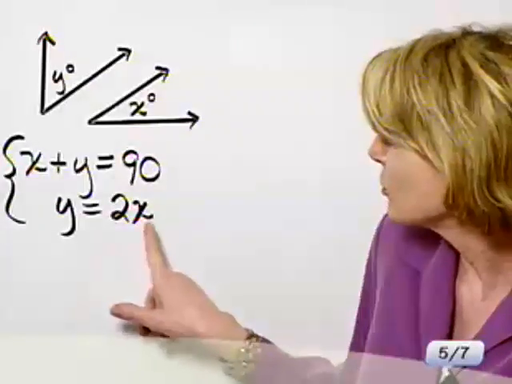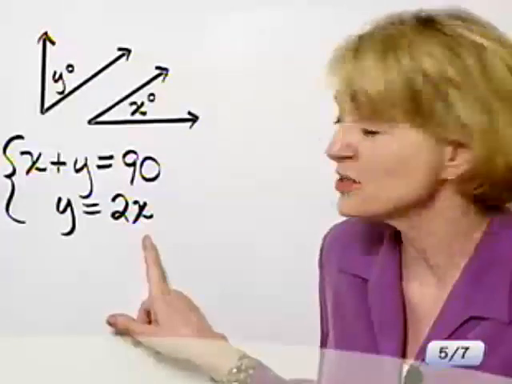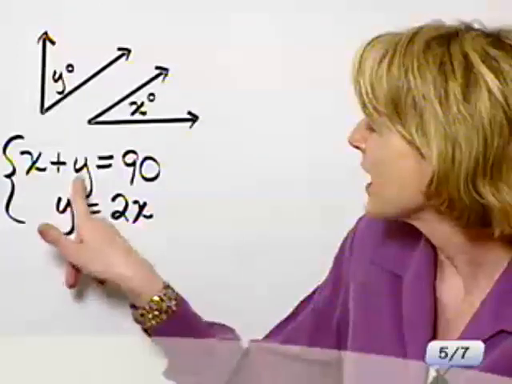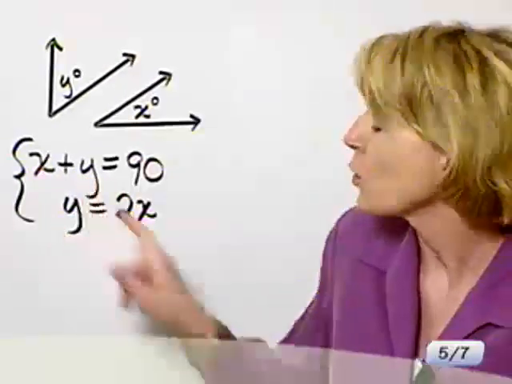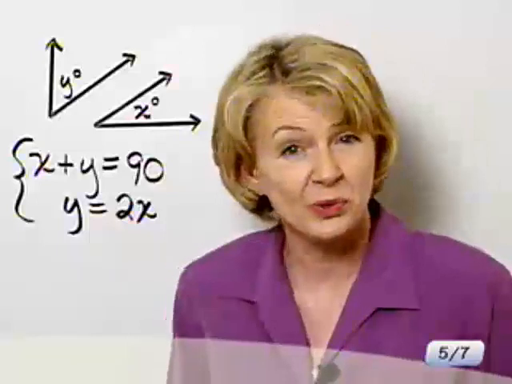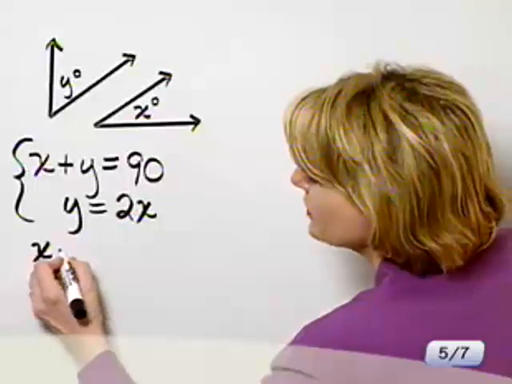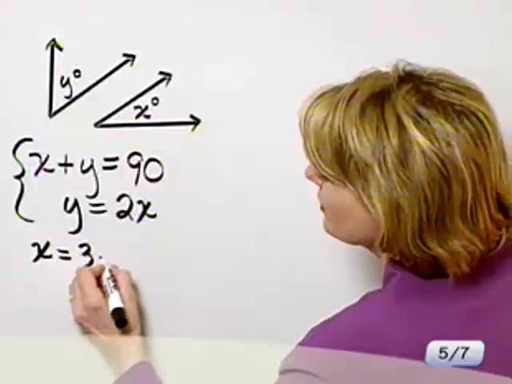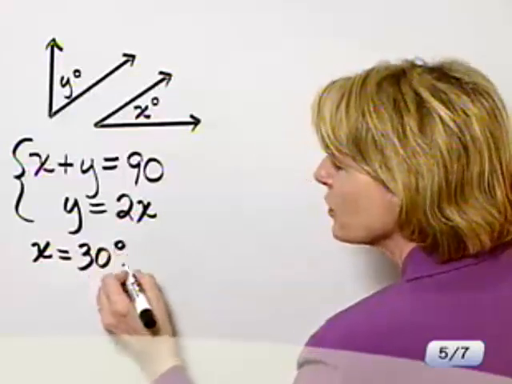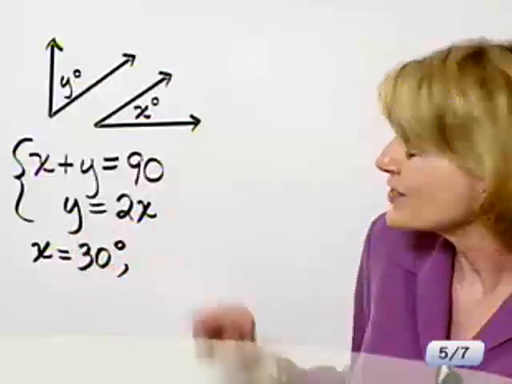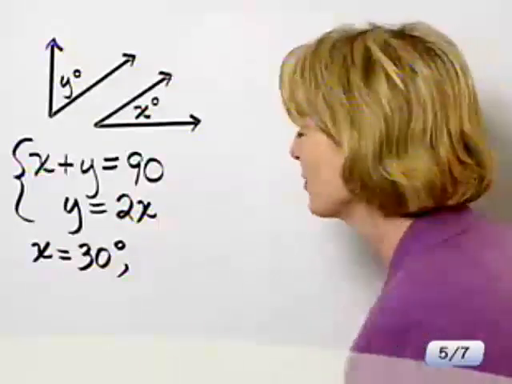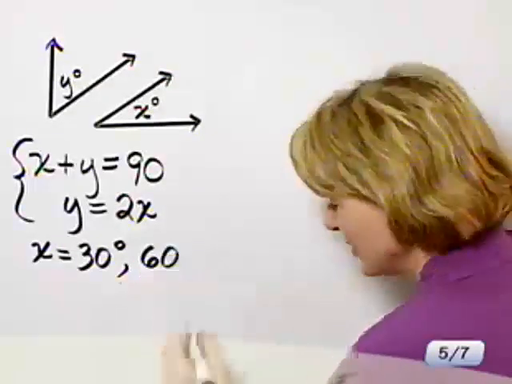By the way, if you'd like, you can just use directly the substitution method. For y in this equation, you can let y be 2x, go through, solve for x, and then solve for y. If you solve for x, you'll have 30, which will stand for 30 degrees, and then y is 2 times x. 2 times 30 degrees is 60 degrees.